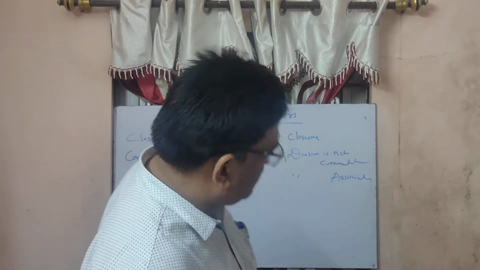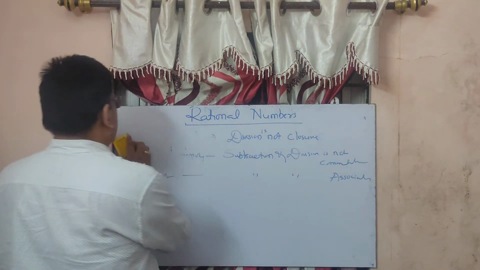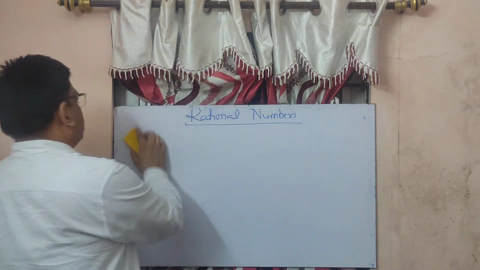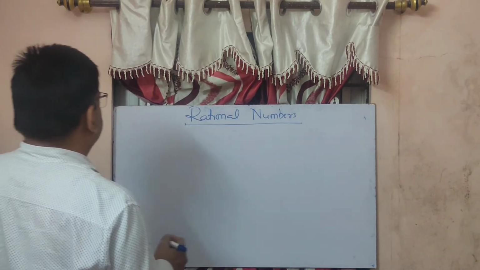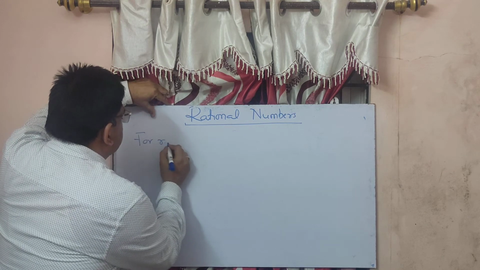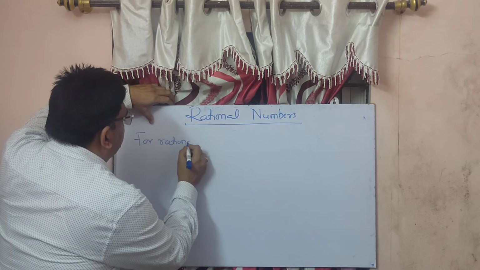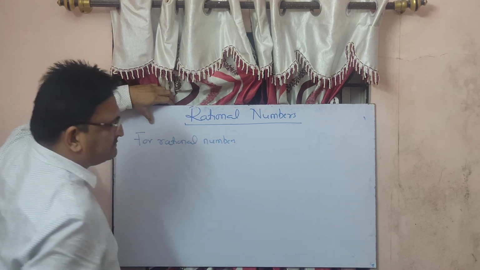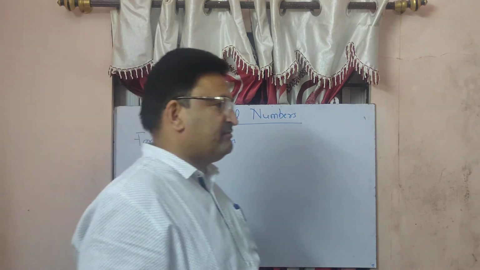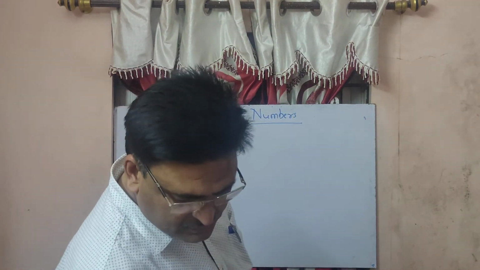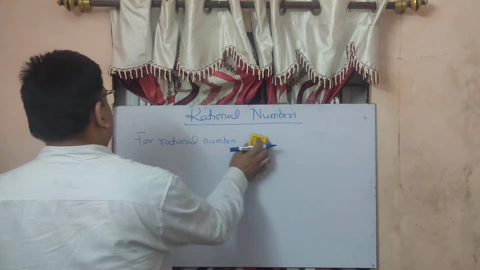Now we understood the three important properties, and another important thing we need to understand for rational numbers. Okay, now you need to remember one thing.